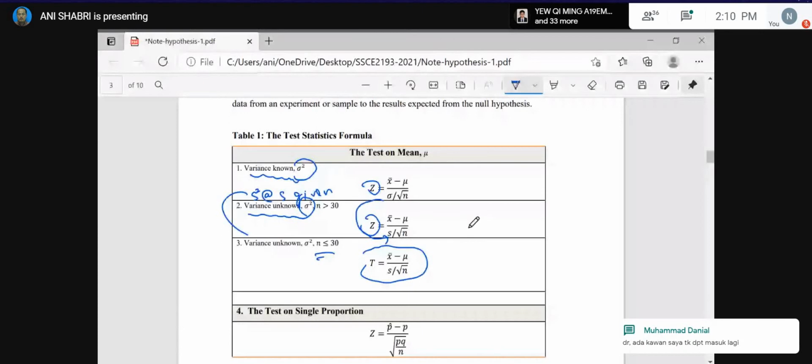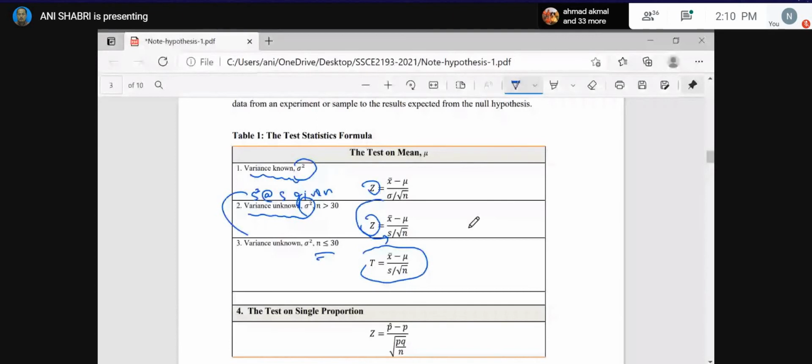Here is formula A, this one B, and C. For not equal, this one; for greater, this is number B and this one is C.